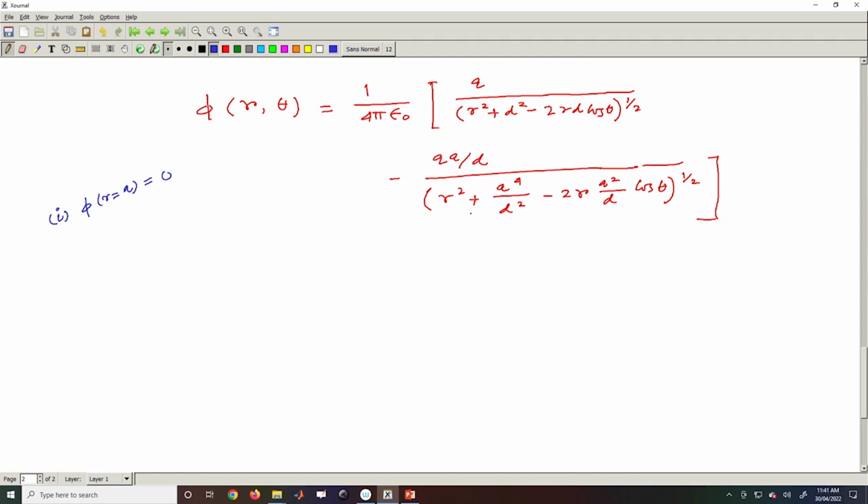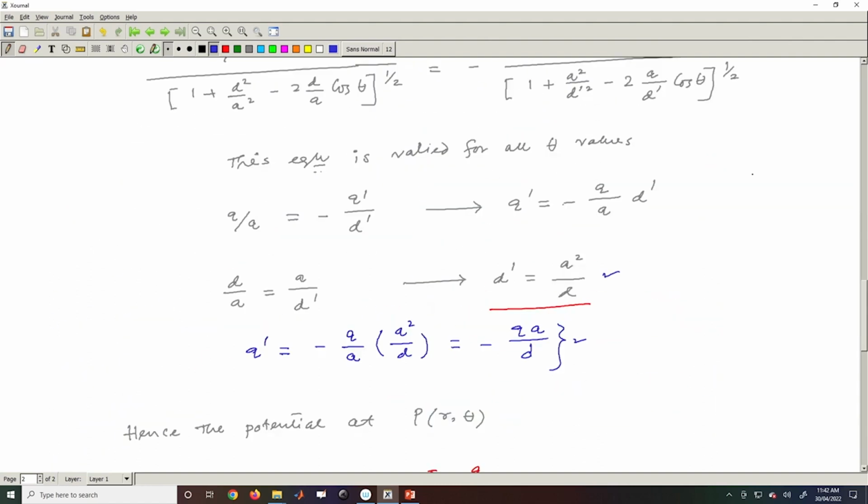And the second one: phi at r tends to infinity is 0, because if you put r tends to infinity here, you can see that phi is 0. So, both boundary conditions are satisfied.